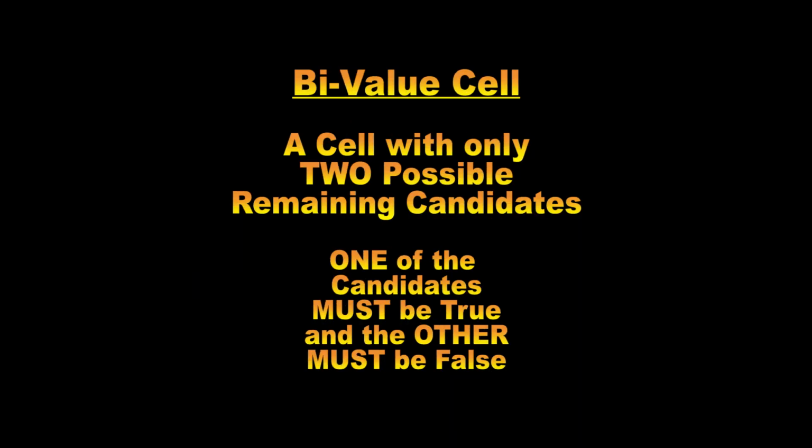Whenever you have a cell where there are only 2 possible remaining candidates for that cell, this is called a bi-value cell. Bi meaning 2, like a bicycle has 2 wheels. In a bi-value cell, one of the candidates must be true and the other must be false.